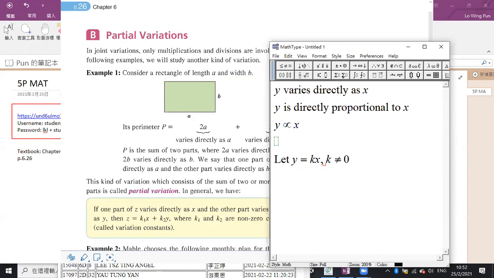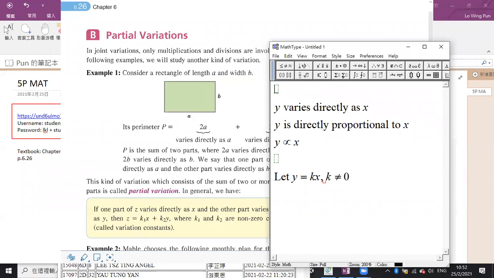So this is called direct variation, the first type of variation. Normally we will have some information from the question to put into our equation and then solve the value of k. Then we will have a complete information of the equation.